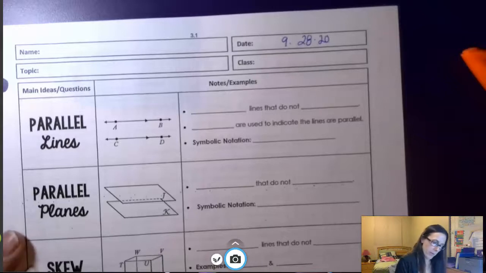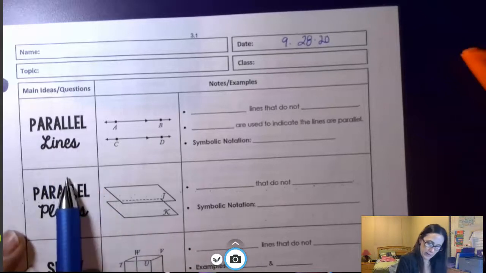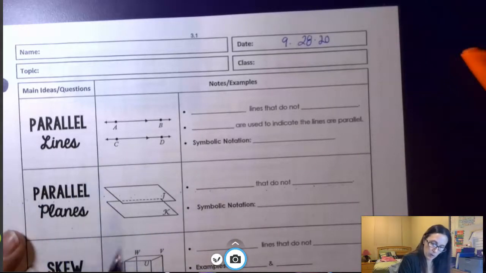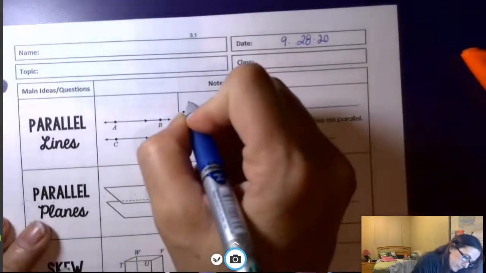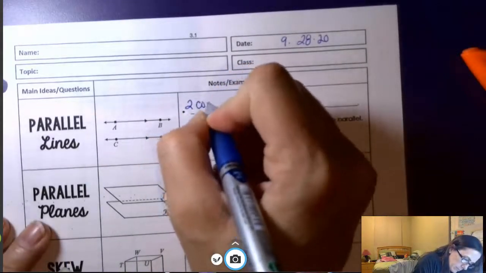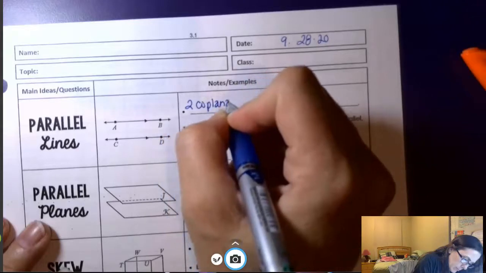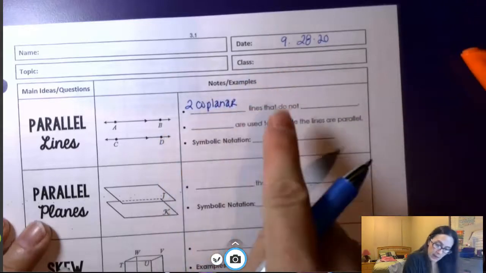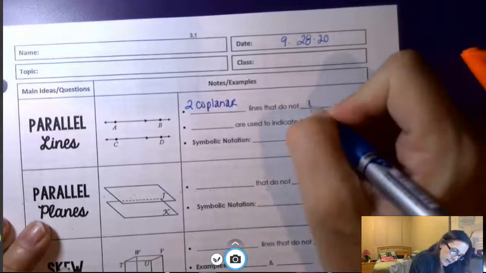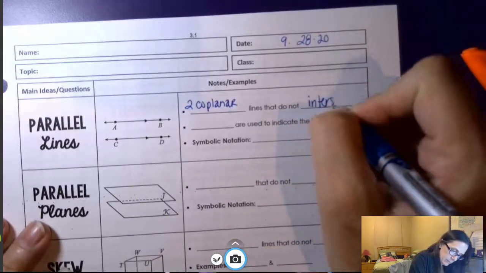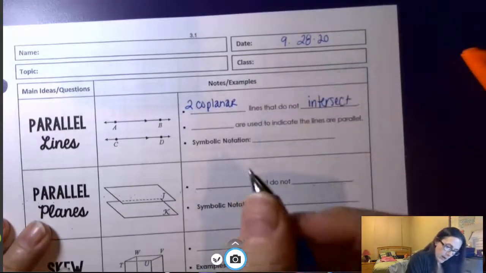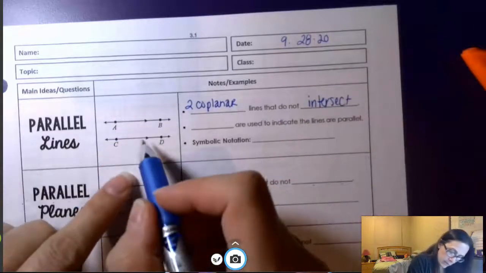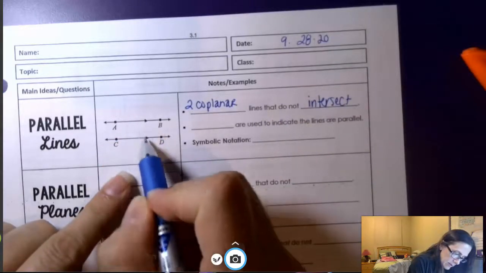Okay, first, parallel lines here. Two coplanar lines on the same plane that do not intersect. These arrows here, see these thick arrows?